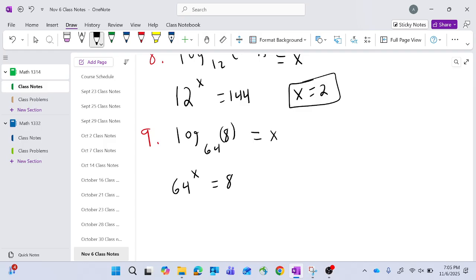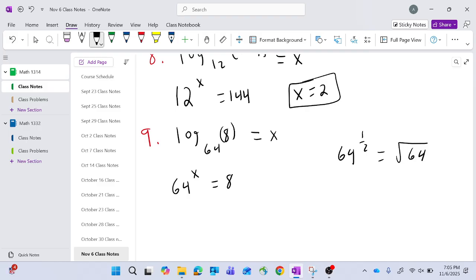Everyone with me? So from here, well, the square root of 64 gives you 8, right? Y'all know the square root just means a power of 1/2, right? So 64 to the 1/2 is the square root of 64.